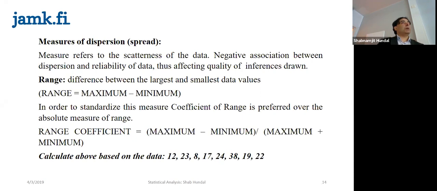Dispersion shows how scattered, how fragmented your data is, and to some extent, whether you can really rely on it. Is your data consistent? Imagine I organize an exam and you all appear and the average score is very high.